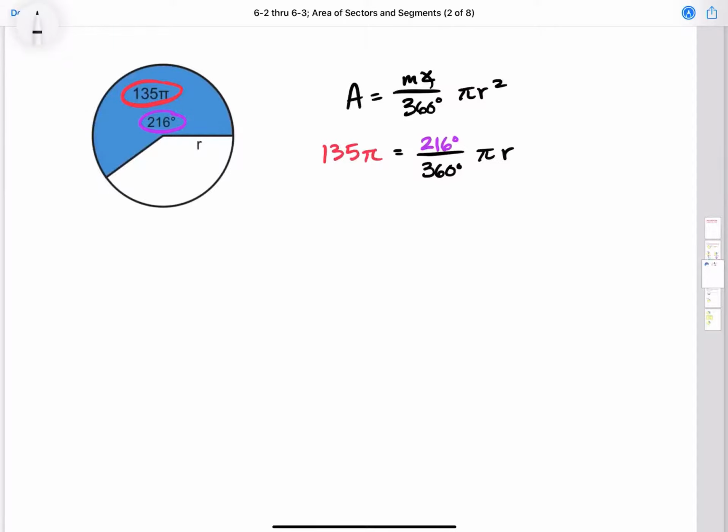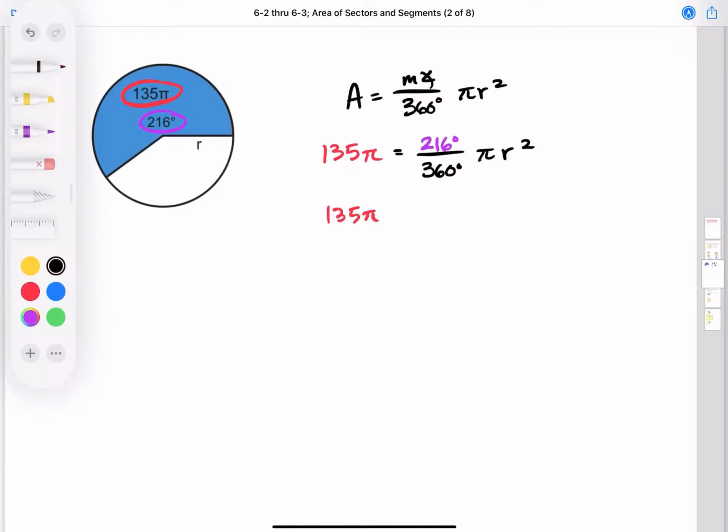So the r is what we're trying to solve for. Okay, so if we go ahead and solve this, I'm going to keep that 135, and I'm just going to simplify our fraction here. So 135 pi is now equal to, well, 216 over 360 is just 3 over 5. So I'm going to go ahead and write that as 3/5 pi r squared.